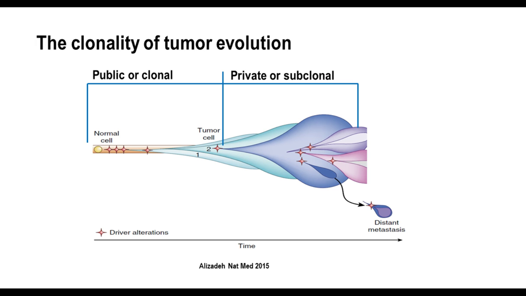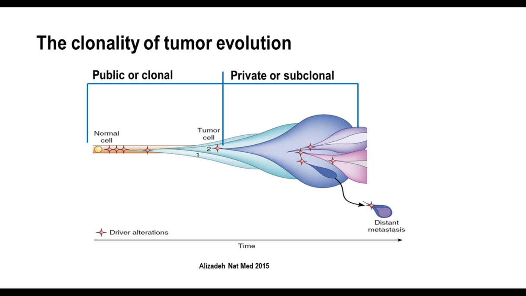Now, what has been demonstrated, and it's clear, is that those mutations that occur in the first phase of tumor growth, which we define as public or clonal, are present in 100% of the tumor cells. On the other hand, mutations that occur later during tumor growth, which we define as private or subclonal, will be present only in a fraction of the neoplastic cells.